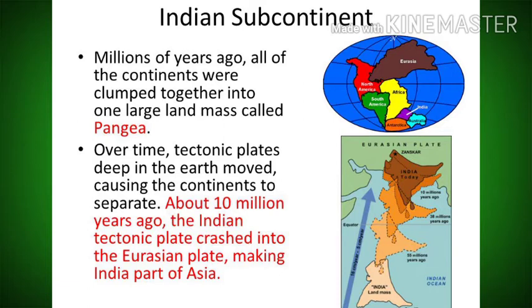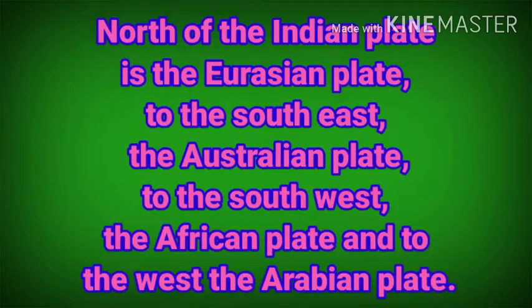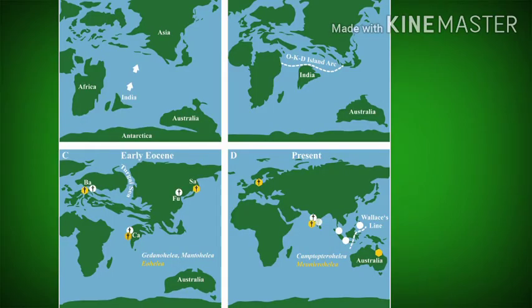It is bounded by four major tectonic plates. That is, north of the Indian plate is the Eurasian plate, to the southeast the Australian plate, to the southwest the African plate, and to the west the Arabian plate. The Indian plate includes peninsular India and the continental portions of Australia.